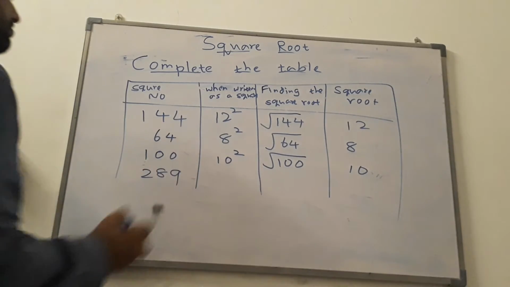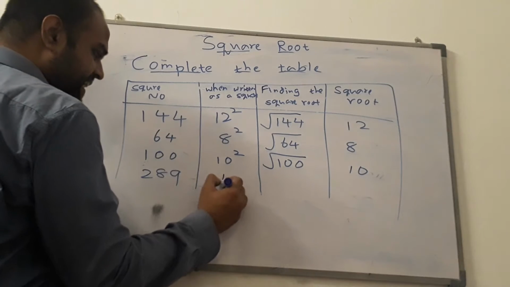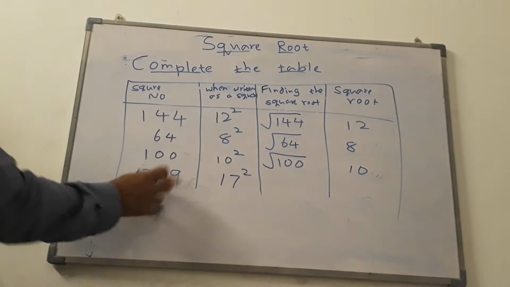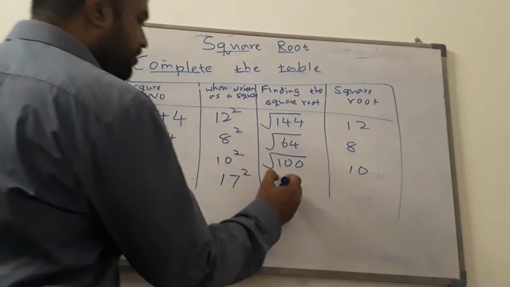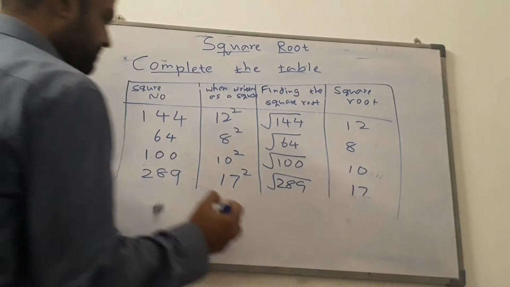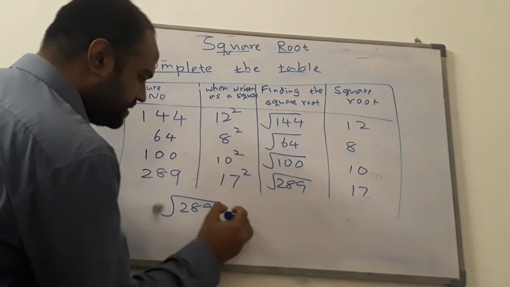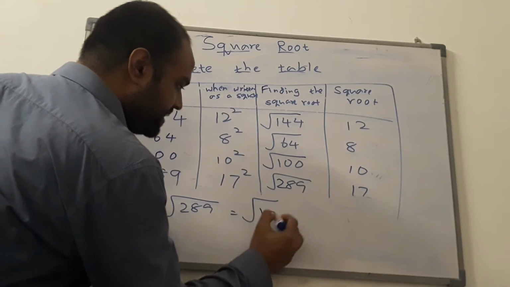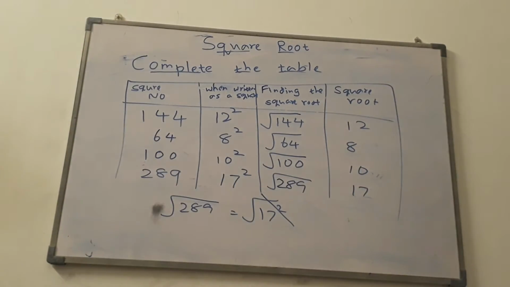289. 289 means 17 times 17. If you multiply 17 by 17, you will get 289. So square root of 289 means 17. Square root of 289 means square root of 17 squared. Square and root get cancelled. So the answer is 17. More.